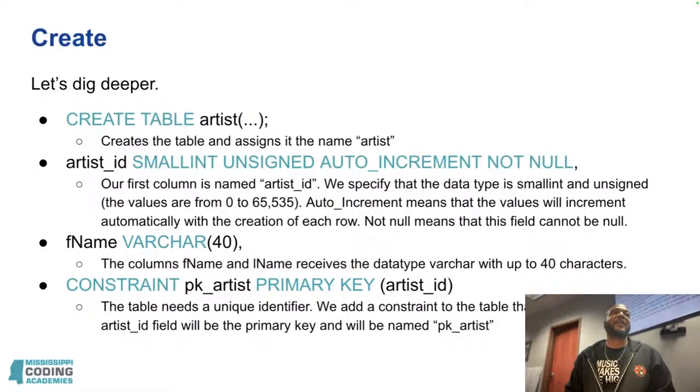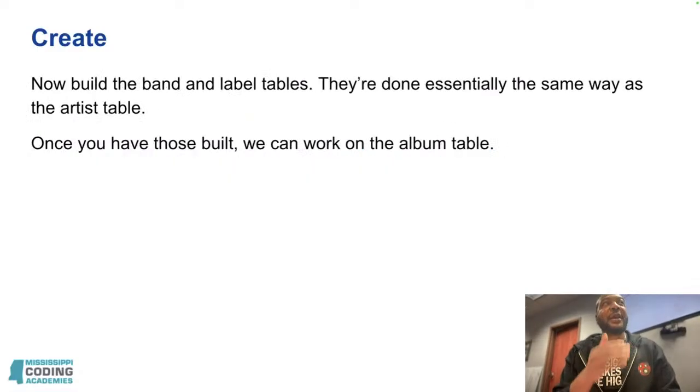Auto increment means that the values will increment automatically with the creation of each row. And not null means that this field cannot be null. F name and l name, the first and last name columns, receive the data type varchar with up to 40 characters. And then constraint pk artist primary key: the table needs a unique identifier. We add a constraint to the table that specifies that the artist ID field will be the primary key and will be named pk artist.